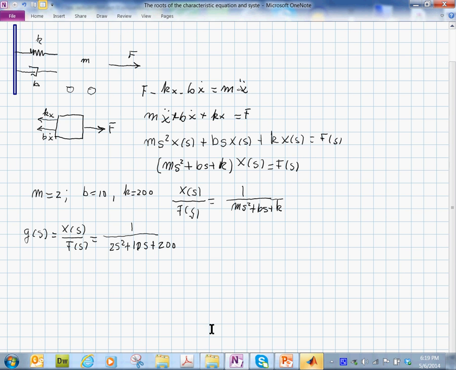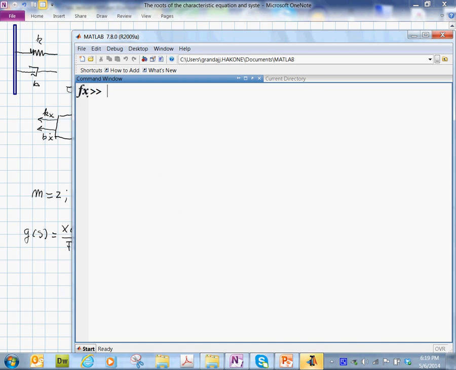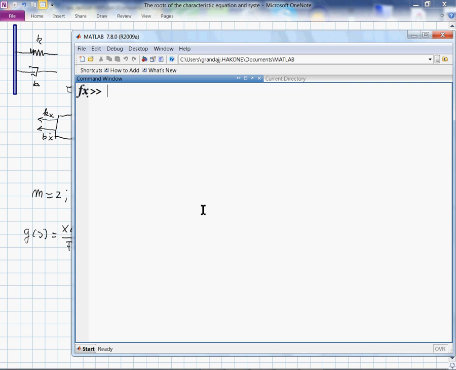While we're waiting for MATLAB to come up, we can find out what the values of s are. But since MATLAB is already awake, I'm going to enter the transfer function.